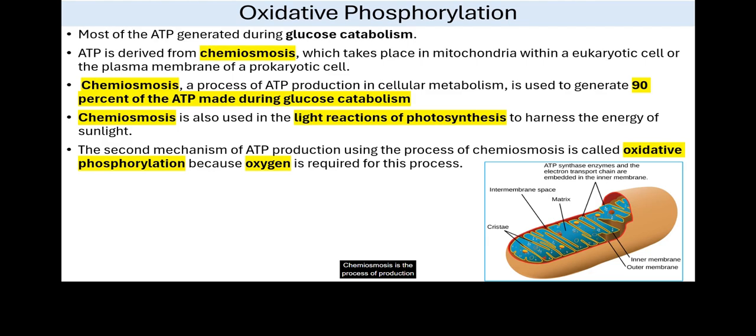Chemiosmosis is a process of production of the ATP molecule during cellular respiration, and it generates 90% of the ATP during glucose catabolism. Chemiosmosis is also used in the light reaction of photosynthesis to harness, to collect energy of the sun.